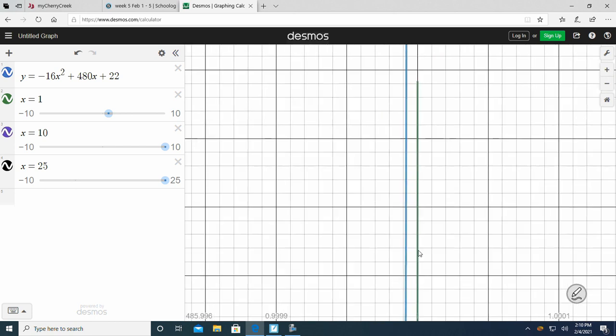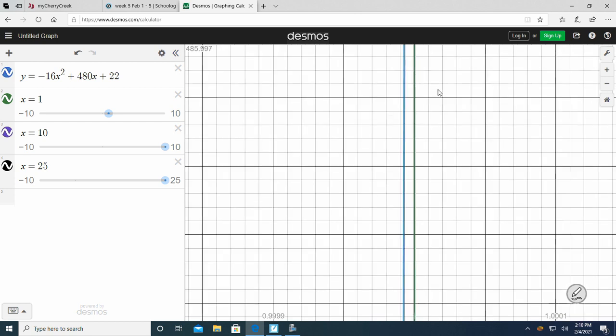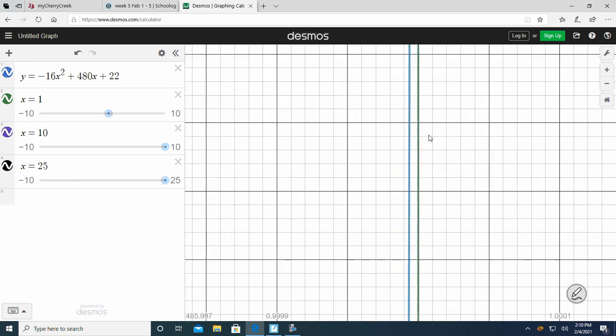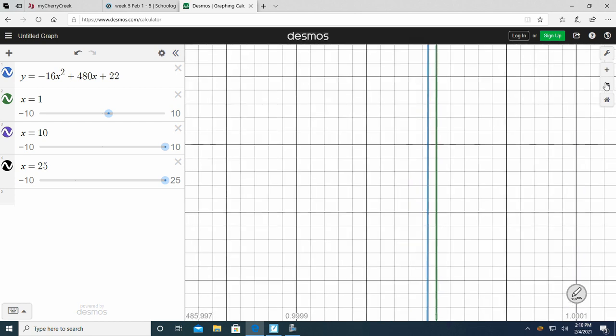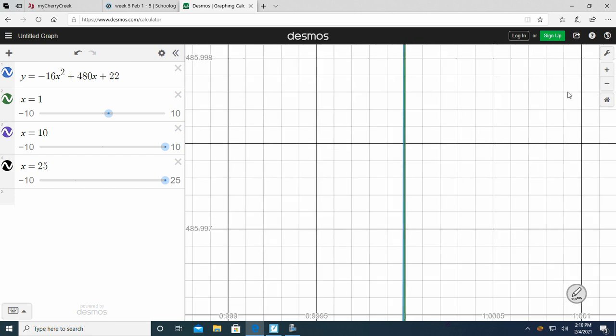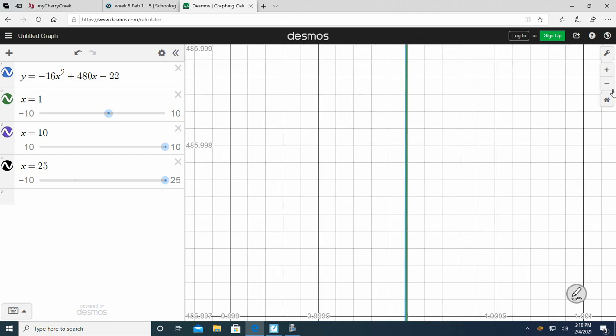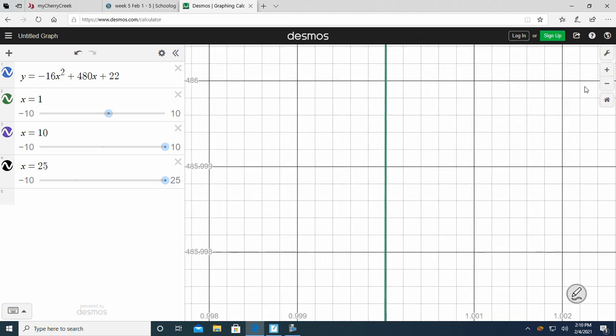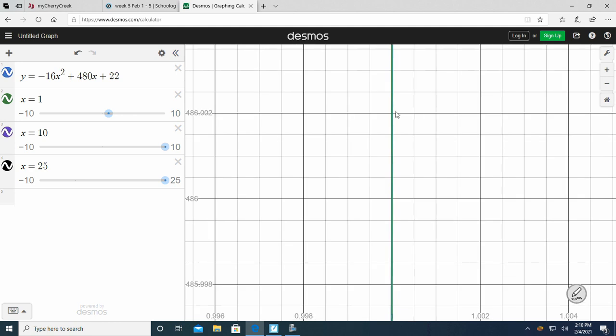I hate it when I zoom in and it still is not quite there. There you go. That's not it. There's our point. So at 1 second, we are at 486 feet.